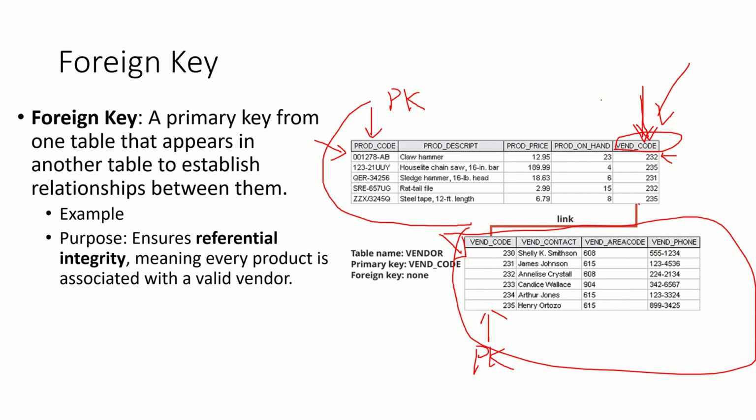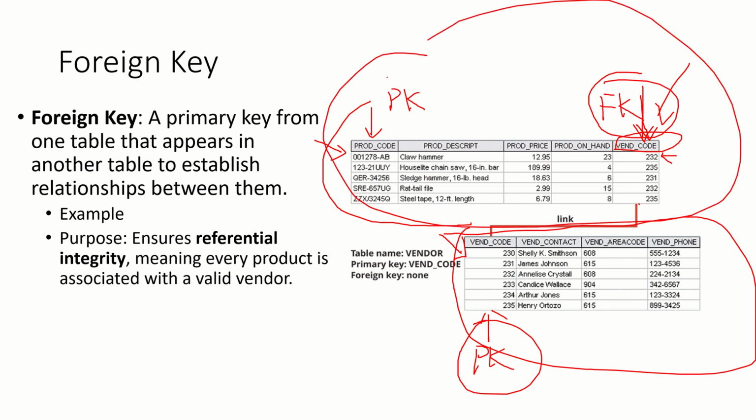So this vendor code we consider a foreign key. This vendor code is the primary key in this table. At the same time, this code is used in another table, so we consider it a foreign key in this table only. All right.